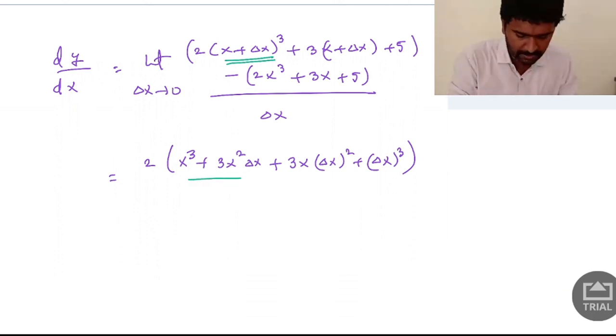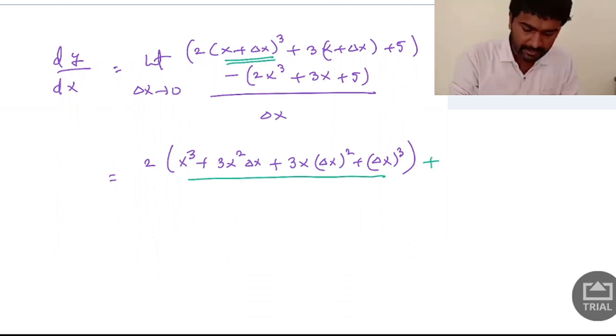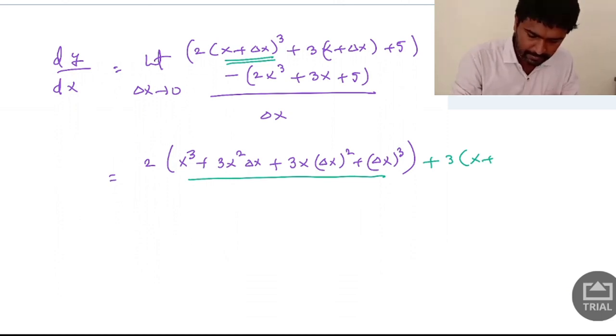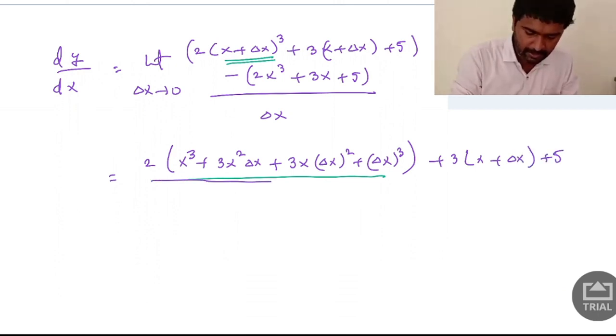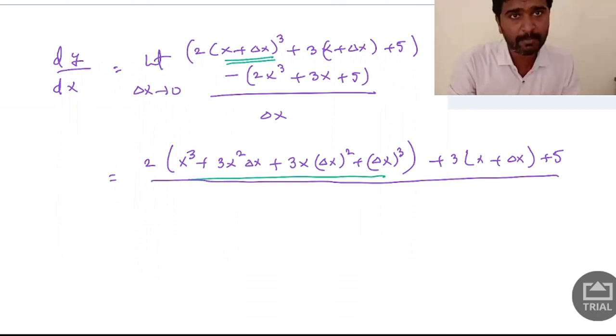Plus, here it is 3 into x plus delta x plus 5. So this is your y of x plus delta x.